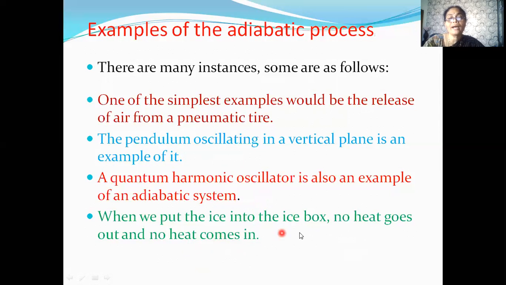When we put ice into an ice box, no heat goes out and no heat comes in. Similarly, a flask used for tea or coffee will remain hot for quite a long period because neither heat enters into the system nor leaves the system. It is thermally insulated. These are examples of the adiabatic process.